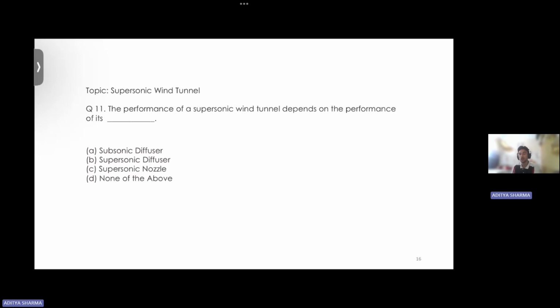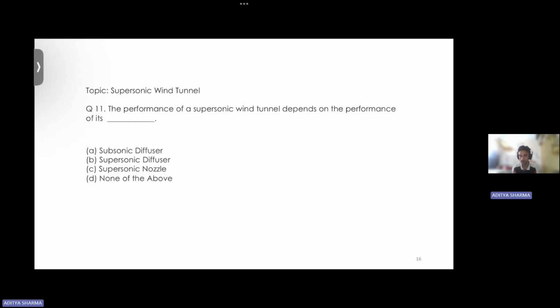And this diffuser defines the performance, to what extent we are able to save the losses in the total pressure of our flow, and that defines the performance of a supersonic wind tunnel.